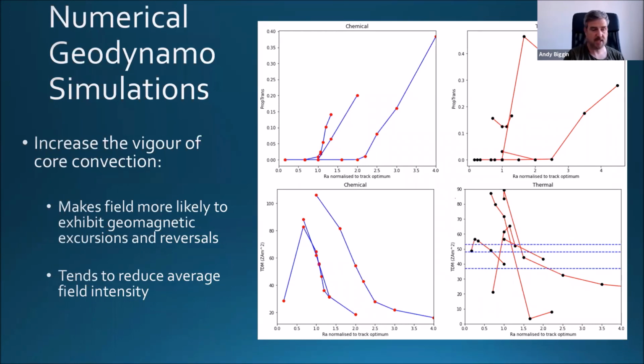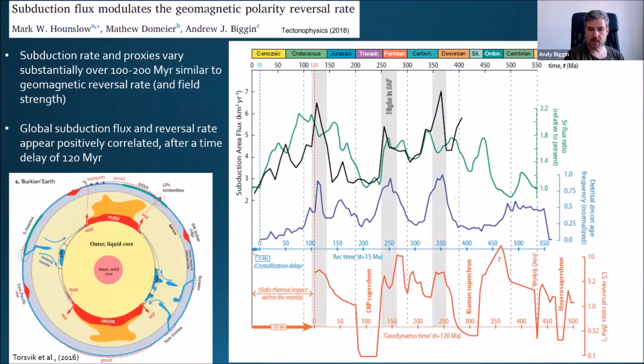What this is suggesting is that this transition from a hyperactive field in the Jurassic to a superchron field in the Cretaceous is caused by a decrease in the Rayleigh number, in the forcing of the dynamo. And as I said, we'd expect that to be governed by mantle convection, and the primary driver of mantle convection is subduction of the surface, so the negative buoyancy generated by slabs.